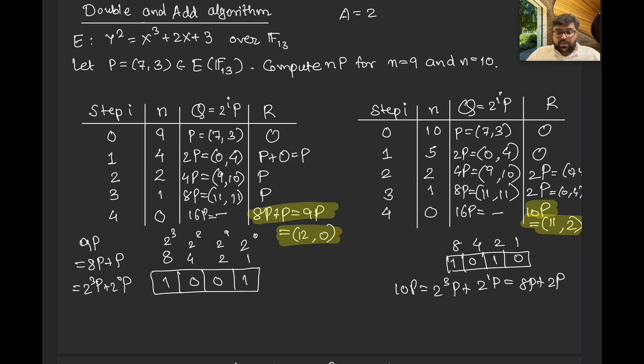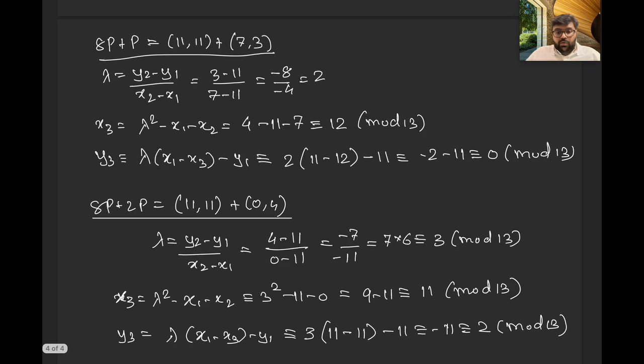Okay, so finally let me do one more table, just not the computation, only the table. So you can also do it on your own. Take n equals 11, and then n equals 14. Okay, so step i, n, and then q equals 2 raised to i times P, and then r.